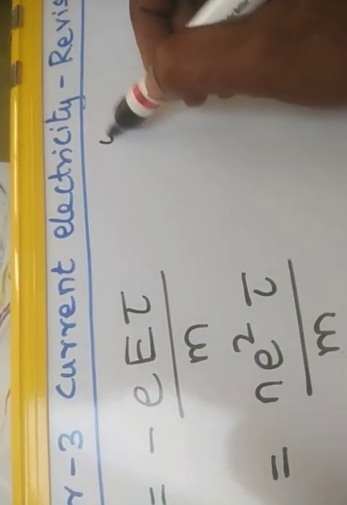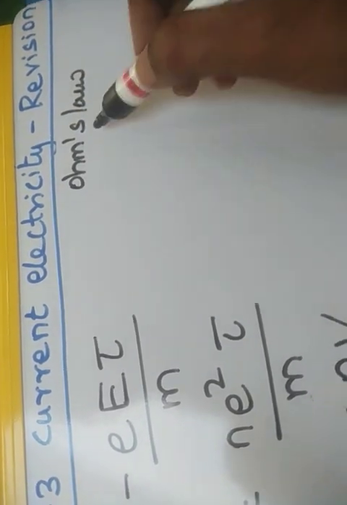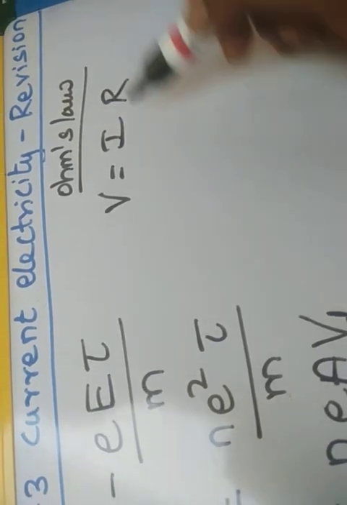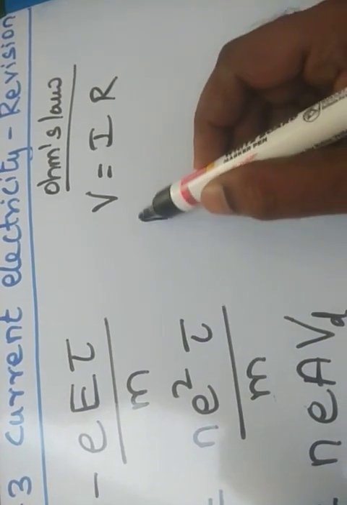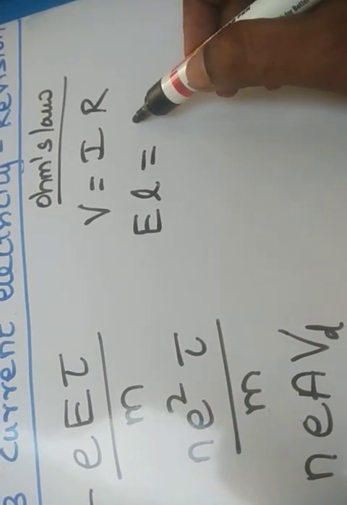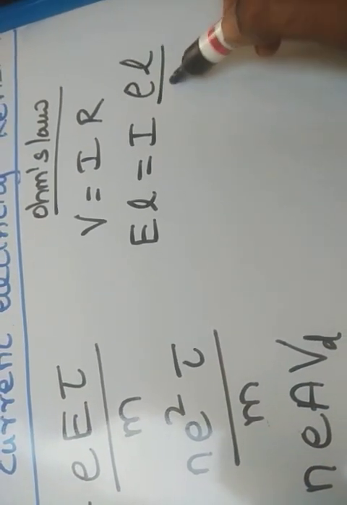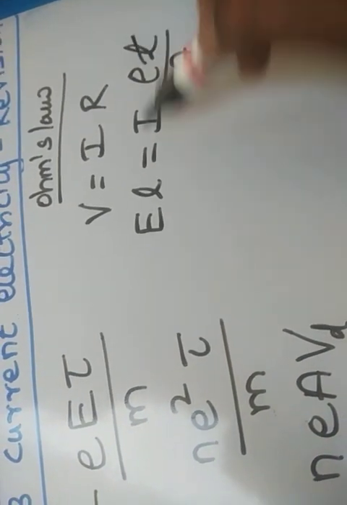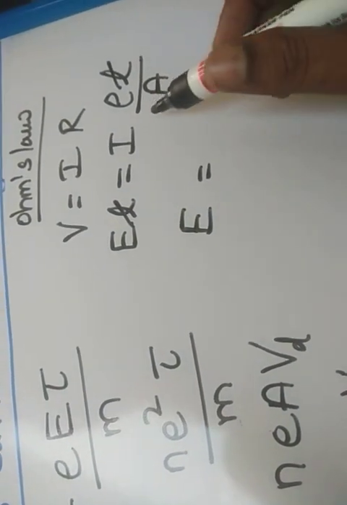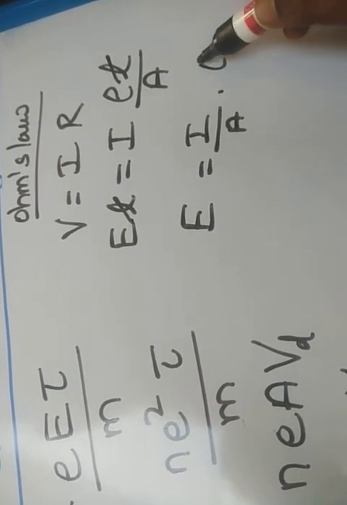Then Ohm's law, the vector form of Ohm's law. So this is a very important question. V is equal to IR. So we can write V is equal to electric field times length, which is equal to I times R, where R is equal to ρL/A. Then this L and this L get cancelled. We get E is equal to (I/A)ρ.